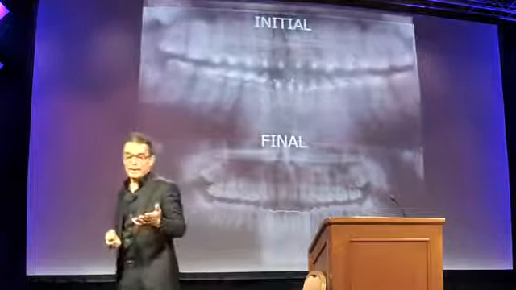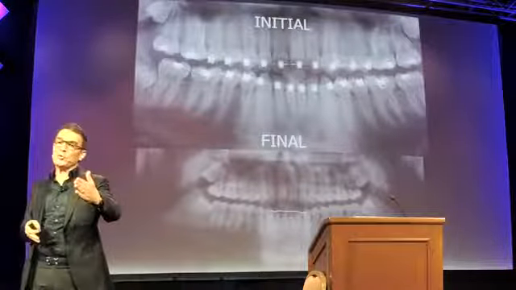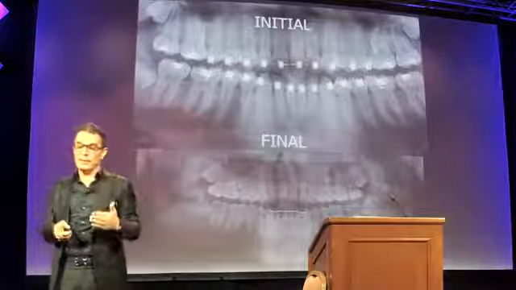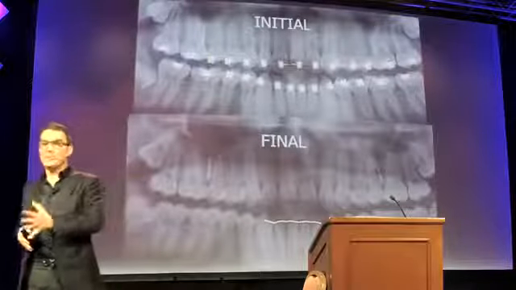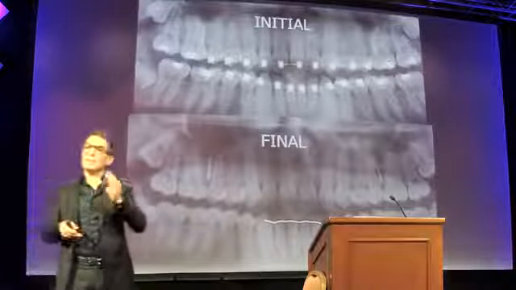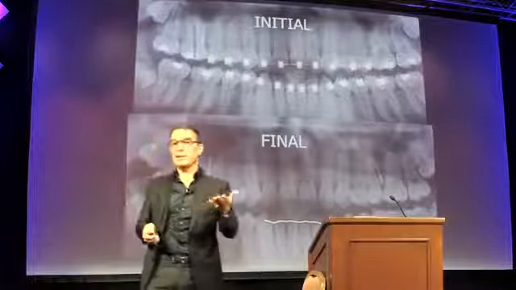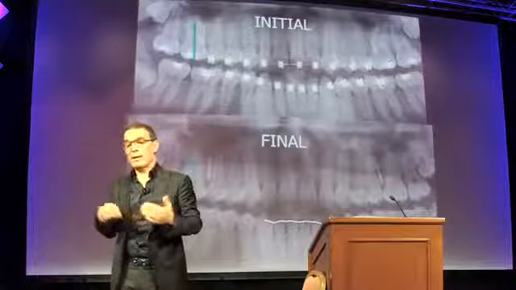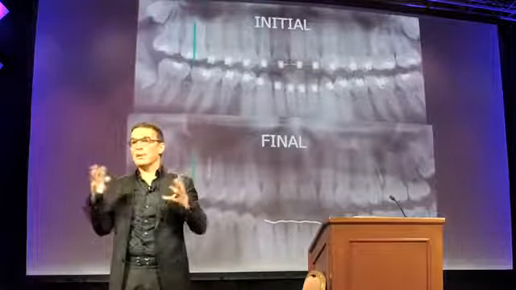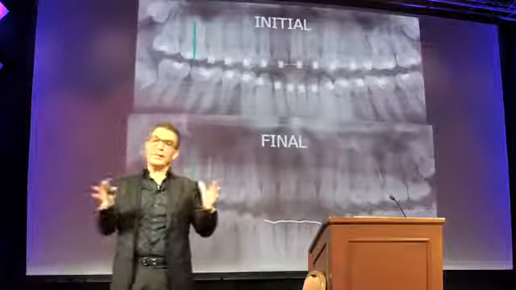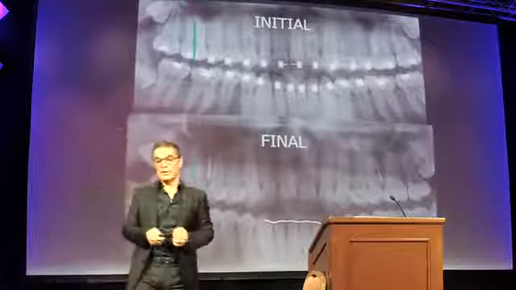This is another case, but you can see here in the beginning, my mini screws are very close to the first molars, and at the end of the treatment, after the distalization, we are very close to the second premolars. This is the amount of this distalization of the first molars. And what is nice in non-extraction cases is that very often we have a bodily movement because of the resistance. There are no spaces, no tipping, and the molars are moved bodily in a nice translation.